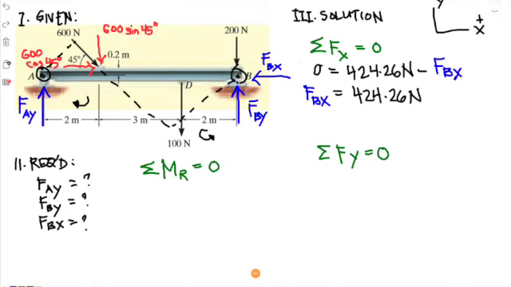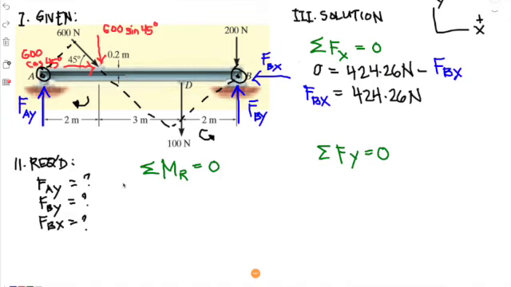So when you want to select a pivot point, try to select the point wherein you will cancel a lot of forces. If we select point A, we can only cancel one force. So let's go for point B.